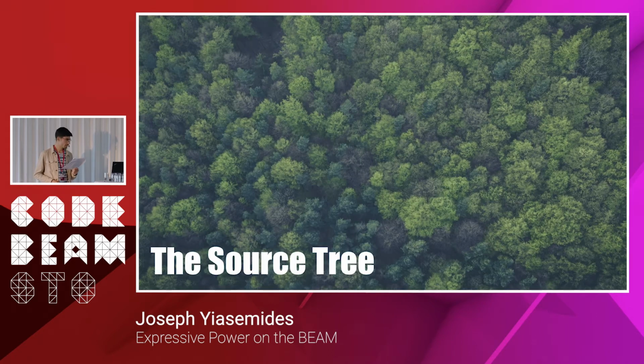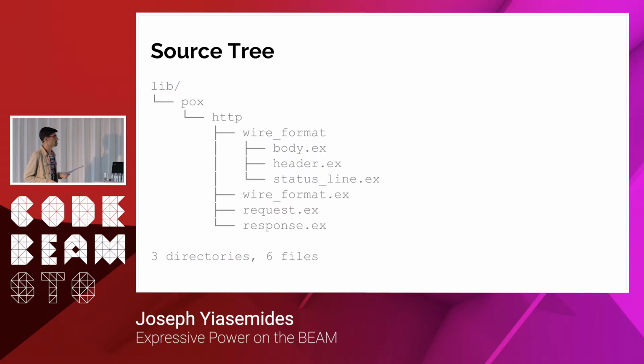Right. So we're going to start with the source tree, which I feel is as far or as distant as we can get, as much as we can distance ourselves from the source itself. So this is POX. POX is an HTTP client. Ignore the name if you're a native English speaker and you know what that means.